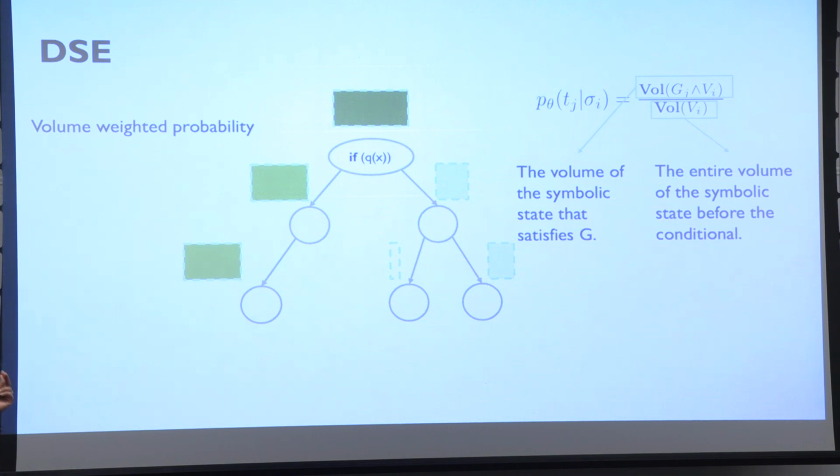You look at the volume of the set that goes down the left branch and the volume of the set that goes down the right branch, and you take an expectation over these two. What that means is that you are going to be putting more weight on the paths that cover most of the cases. Now, there is a question about whether or not this captures the absolute worst-case culture that we have in formal methods, but this is what makes the thing scale.